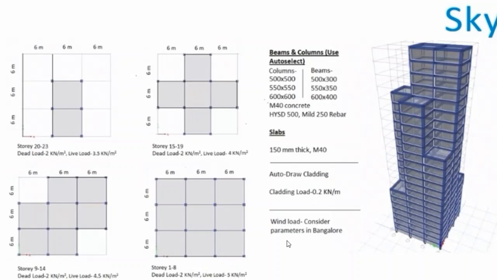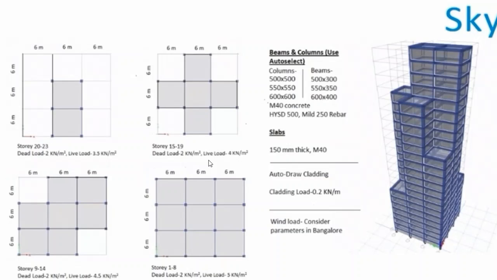Wind load is considered with parameters for Bangalore. Here it is a total 23 story building. For stories 1 to 8, the live load given is 5 kilonewton per meter square, and for stories 9 to 14 the live load is 0.5 kilonewton per meter square.